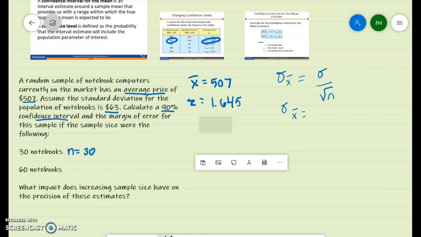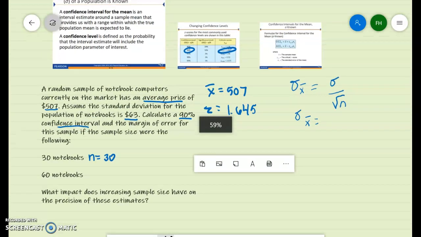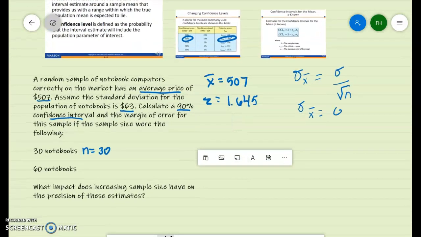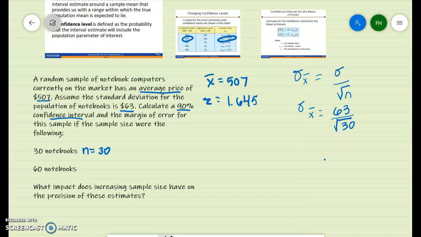It says the standard deviation is 63. So 63 divided by the square root of n, which is 30. So we will find quickly the standard error of the mean.